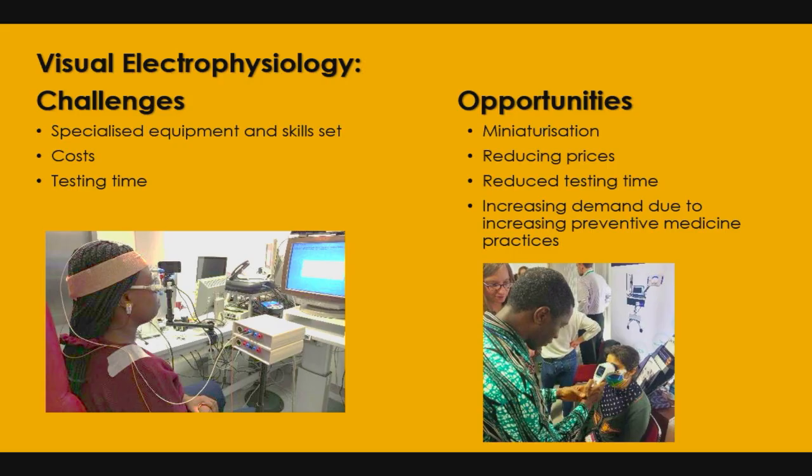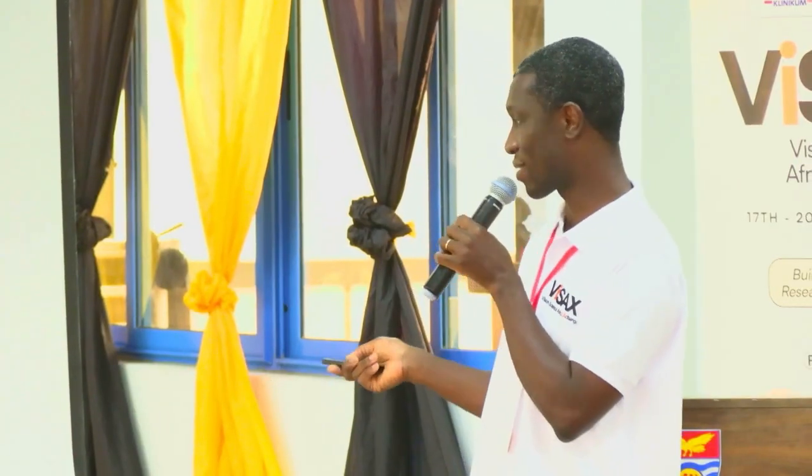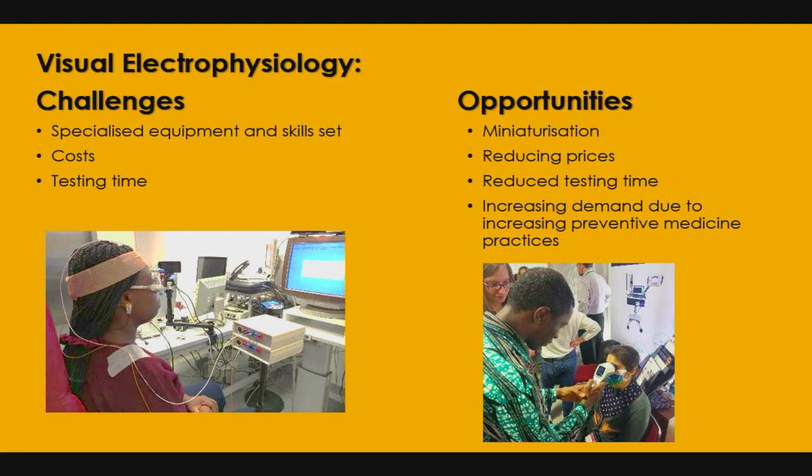The kit you'll be seeing downstairs is one of the newer models, and we went for a full kit, so it's not as small as this, but it's fancier than this. But this machine is what has done a lot of the basic work, like the ISCEV standards, a lot of it was done on this machine, and I was privileged to work in that lab and gain my experience.